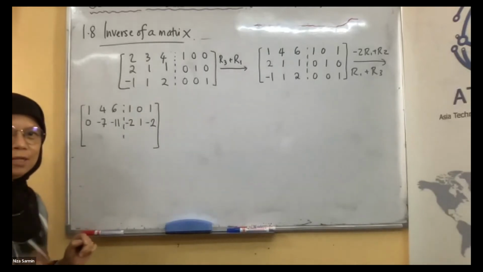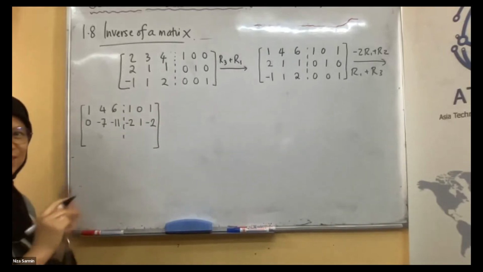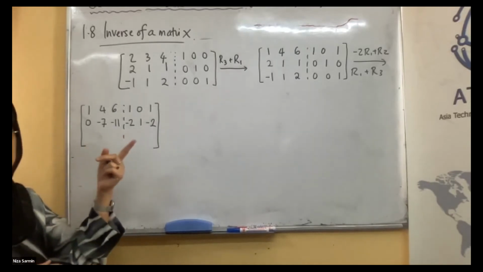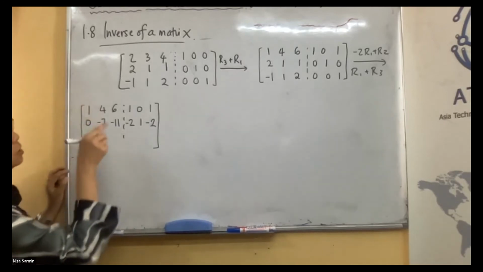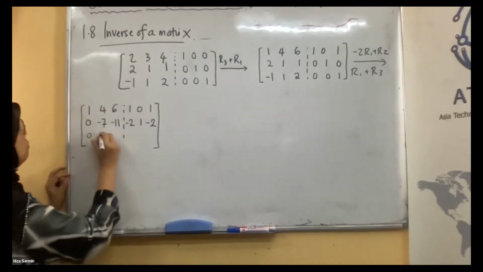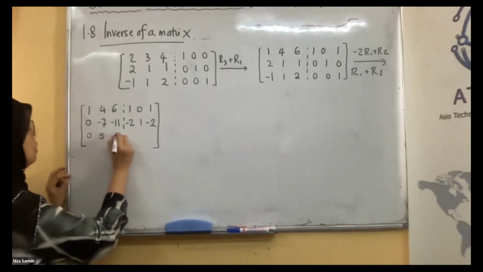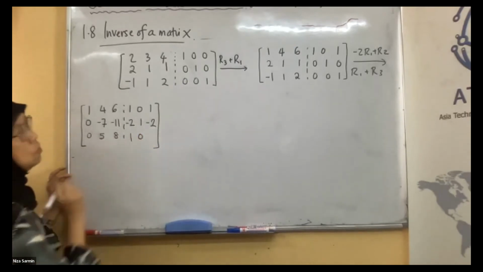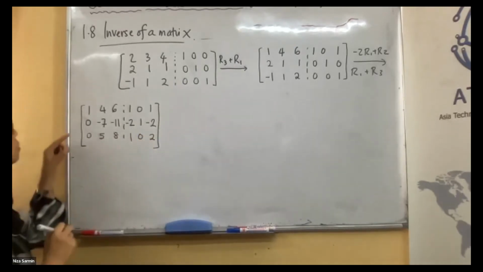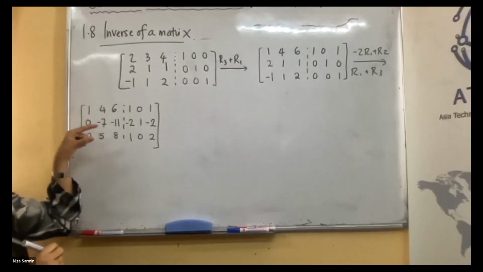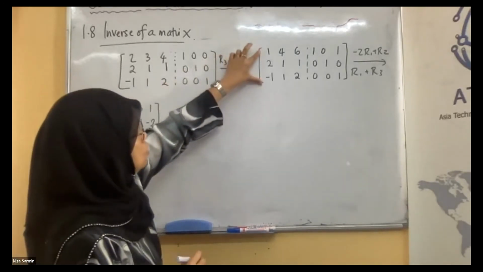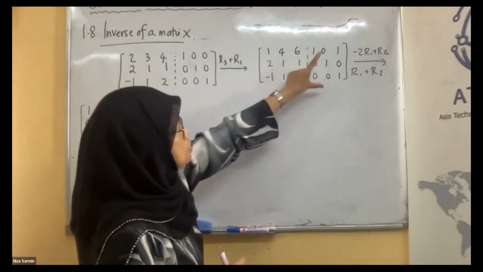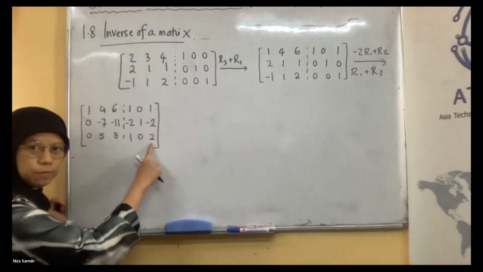Please raise your hand or unmute if I make a mistake. Now, row 1 plus row 3 is easy. You just add, and you get 0, 5, 8, 1, 0, 2.